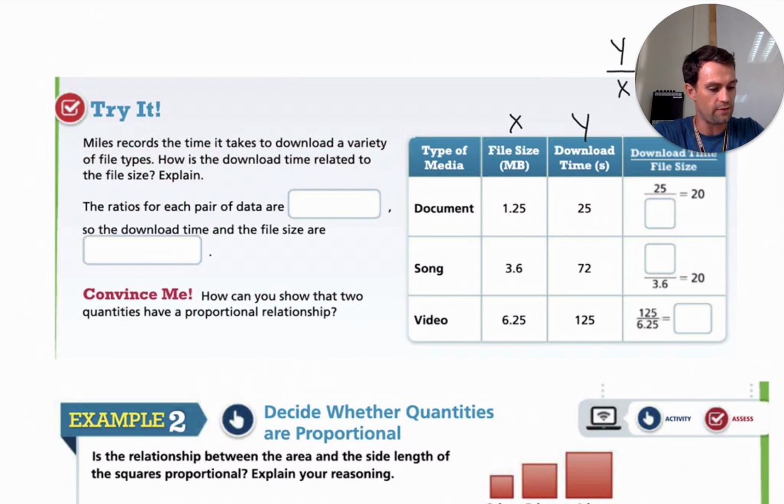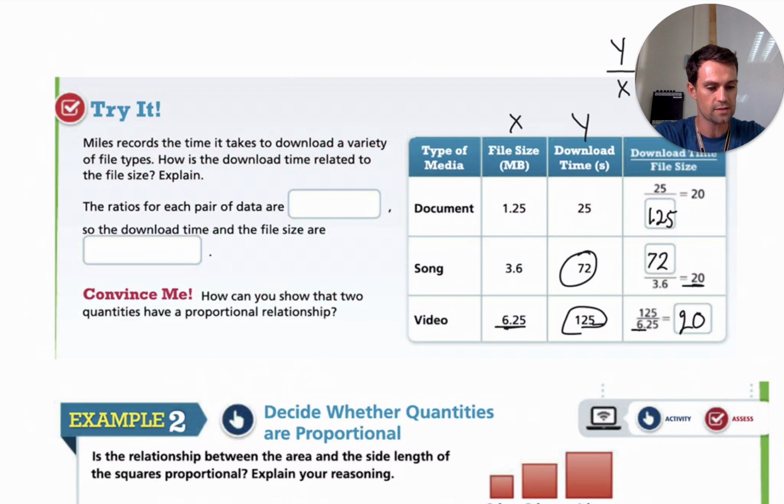So 25 out of the file size of 1.25 is equal to 20. If he downloads 72 songs, and the file size is 3.6, it will take him 20. Okay? And if it is 125 out of 6.25, if you did that on your calculator, 125 divided by 6.25, that also gives you 20.